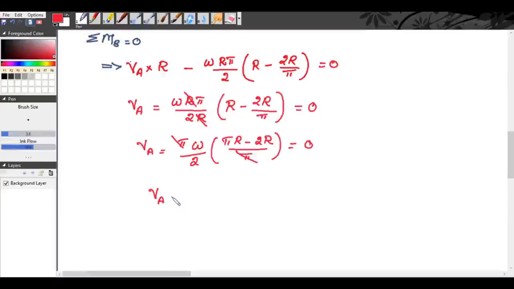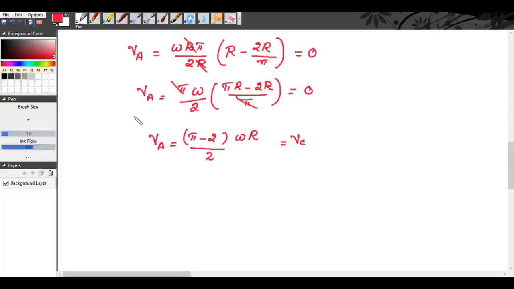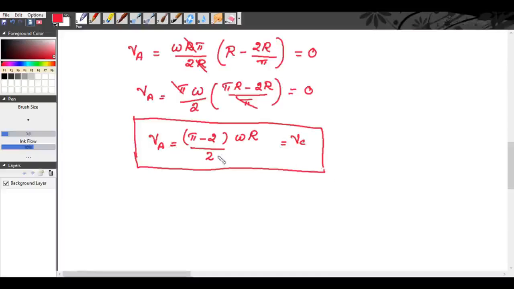So you get VA is equal to pi minus 2 into WR by 2. So VA is equal to VC. Right? So VA equal to VC equal to pi minus 2 by 2 WR.